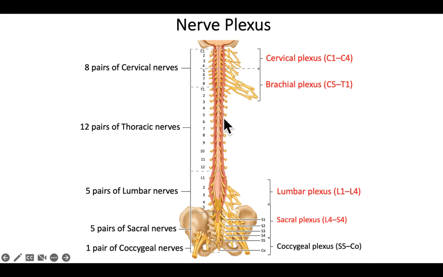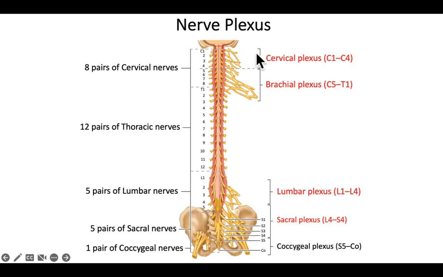There's no plexus along the thoracic region, so these nerves just come straight out, and they don't mix and match neurons. And then there's a lumbar plexus formed by L1 to L4, and the sacral plexus, which is formed by L4 to S4. All right?